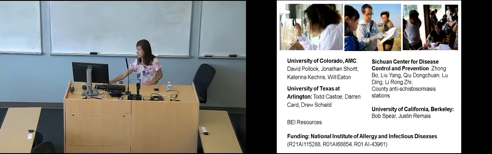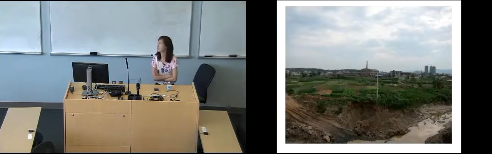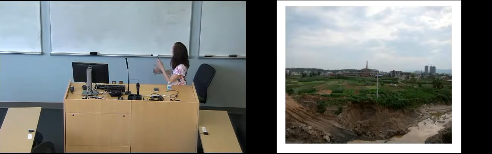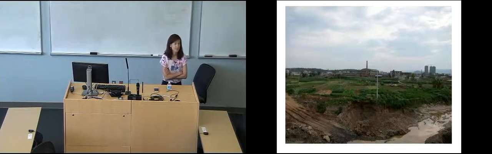So, I just wanted to leave you with this image that I found as I was digging through my photos. I don't know how well you can see it, but these are rice paddies here, and this is the approaching city, our reemerging areas. And I think this is a picture that's quite relevant to schistosomiasis in China.